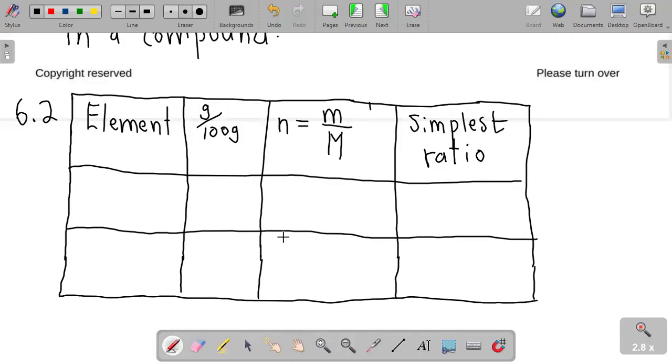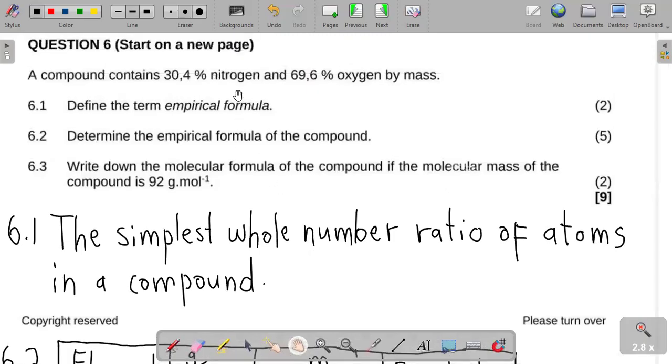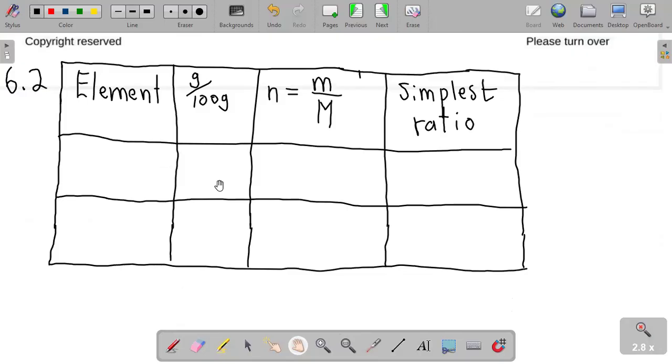We're going to have two rows in this case because they gave us only two elements, nitrogen and oxygen. The number of rows depends on the elements that you have.